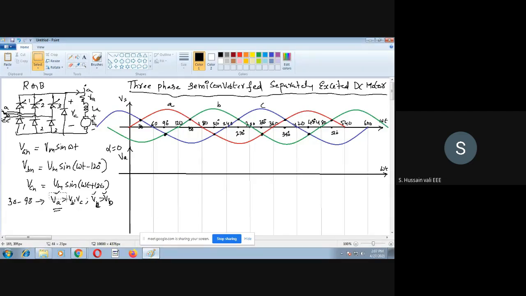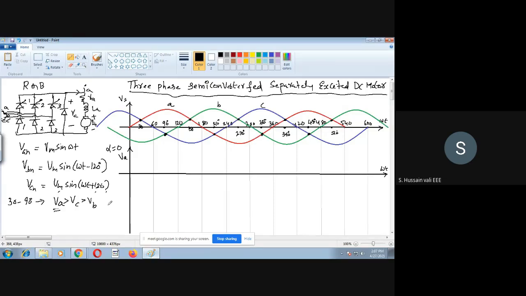I will write this sequence in the descending order: VA greater than VC greater than VB. So the highest is VA, whereas the lowest is VB.